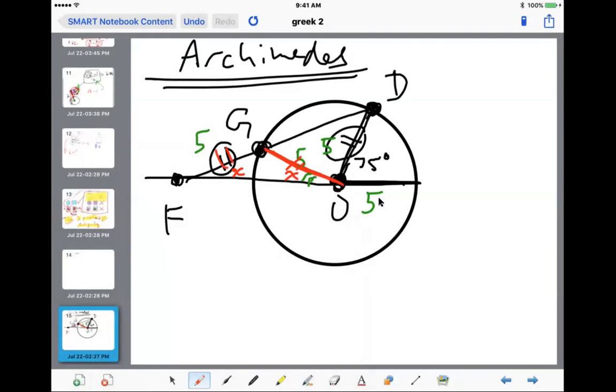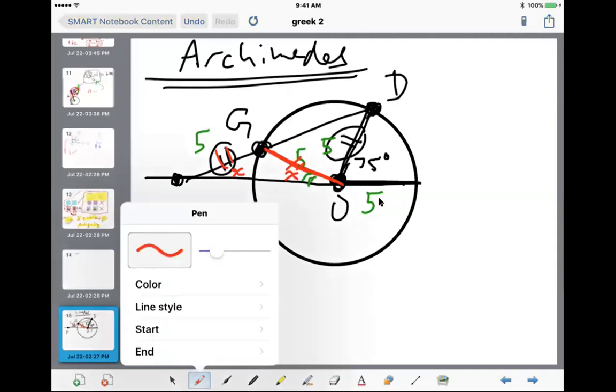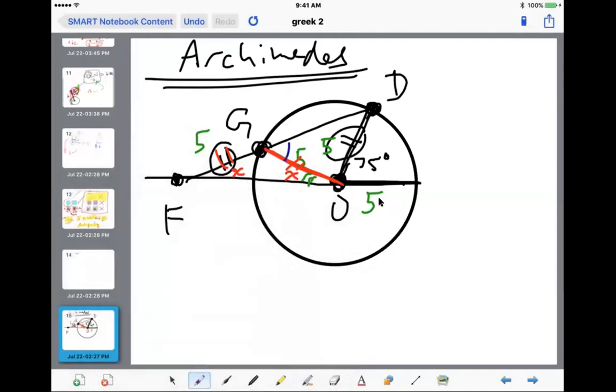Now, you remember yesterday I told you about the exterior angle theorem? What does the exterior angle tell us about angle DGO?